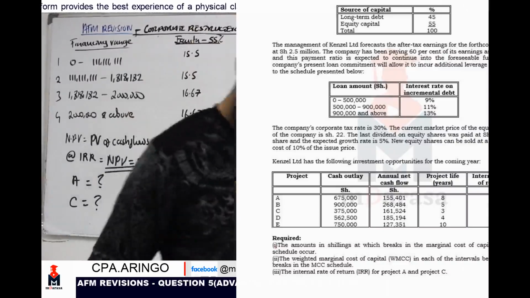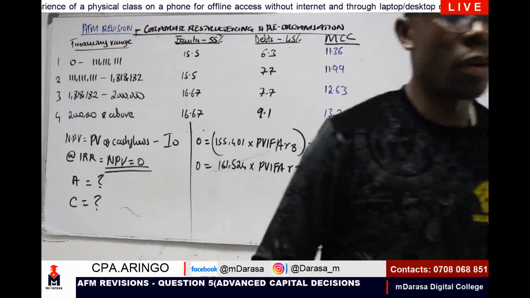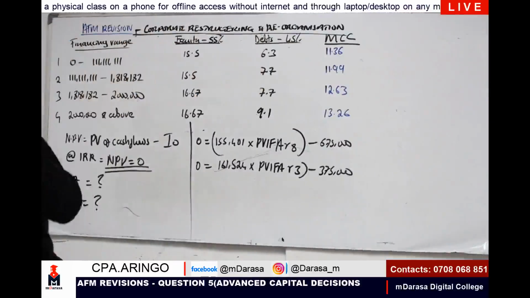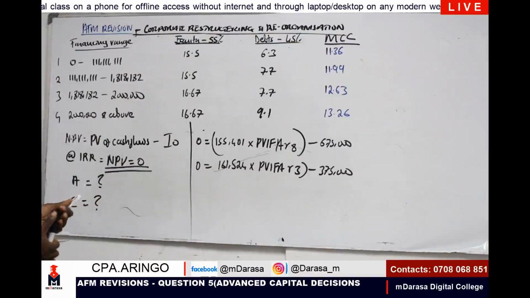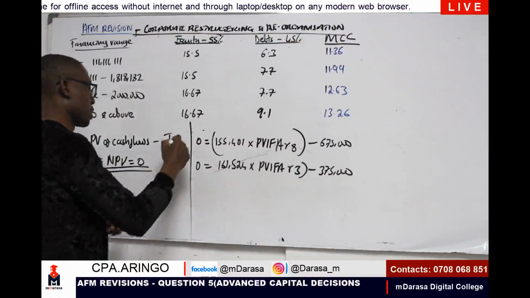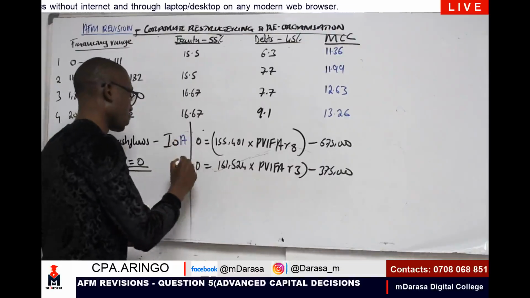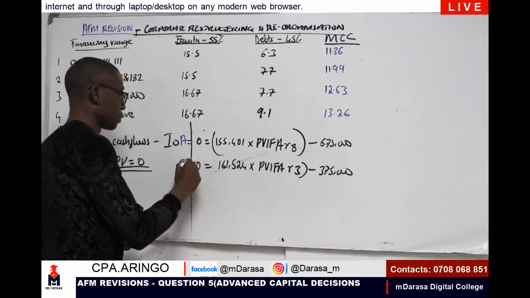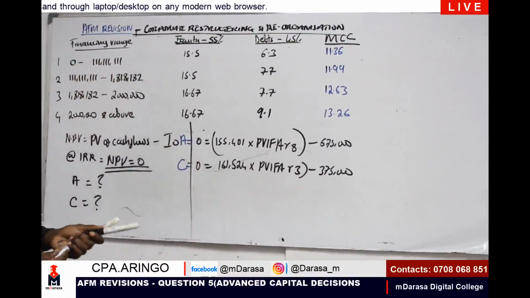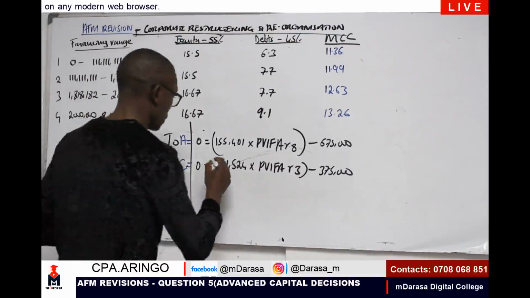Now I can basically remove this bit so that you should all be on the same page. So whatever Mwalimu is doing here, we know very well that at our IRR, NPV is equal to 0. So this is project A, and this is project C. So looking at project A and project C, it is very simple, like we are given our cash flows.